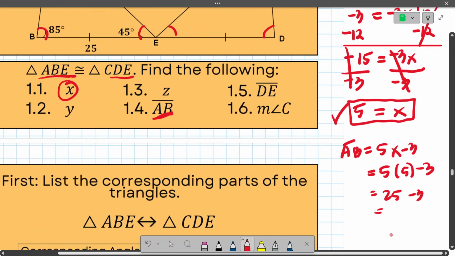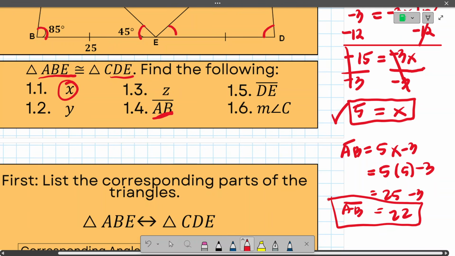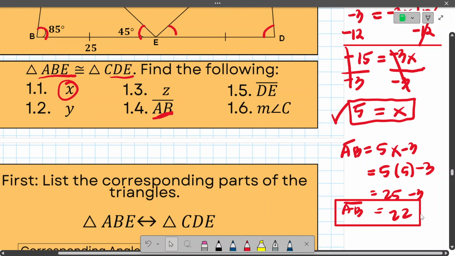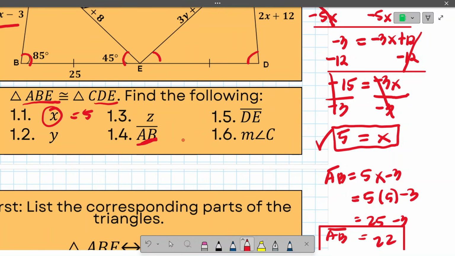That will give you 22, which means AB may have the side of 22. I don't know the measurement, no? Maybe centimeter or inches. Basta 22 si AB. Okay, next. So if x is 5, AB is 22.